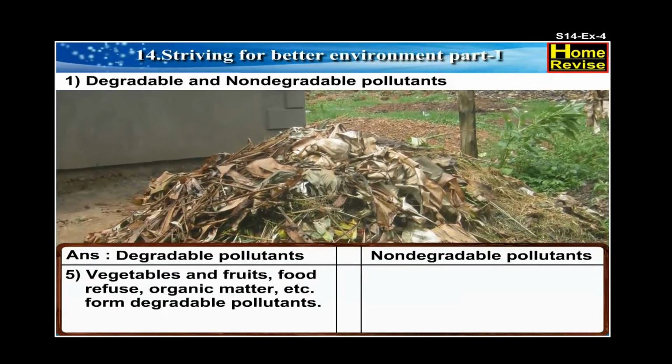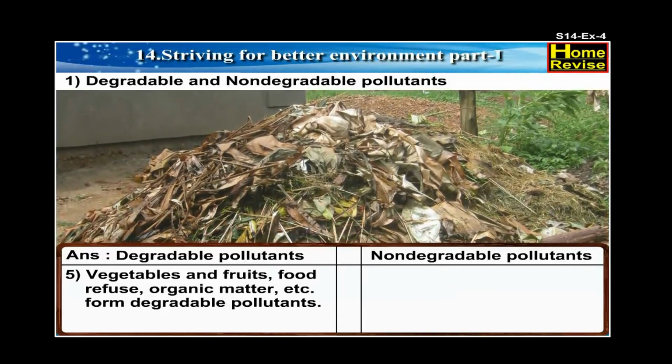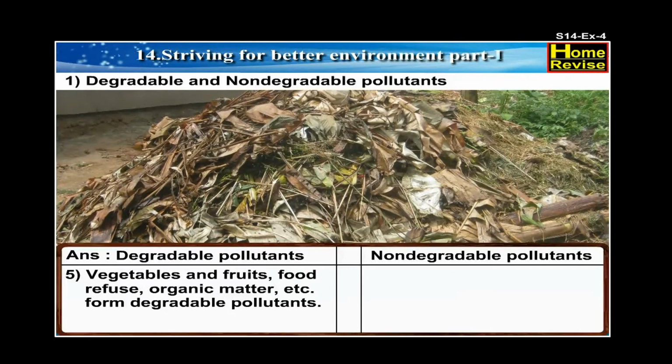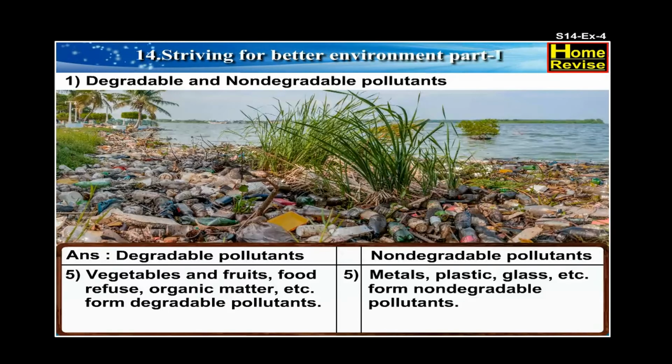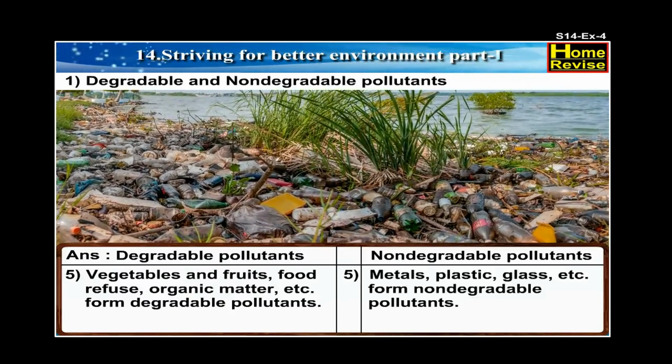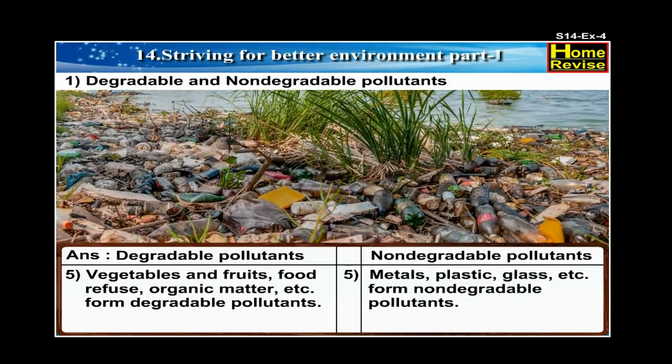And 5. Vegetables and fruits, food refuse, organic matter, etc. form degradable pollutants, while metals, plastic, glass, etc. form non-degradable pollutants.